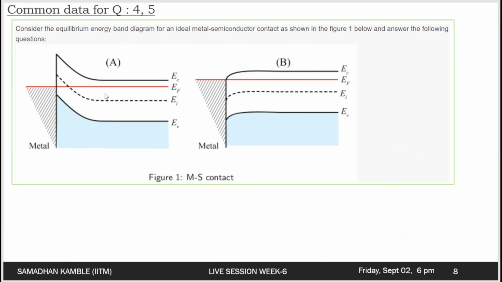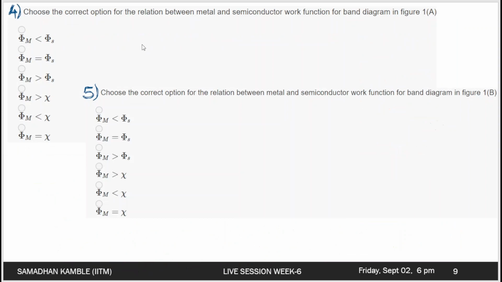These are the metal semiconductor contact band diagrams, two band diagrams A and B. Based on this figure we have to answer question number 4 and 5. Question number 4 is: choose the correct option for the relation between metal and semiconductor work function for the band diagram in figure 1a, and similarly the correct option for the relation between the metal and semiconductor work function for the band diagram in figure b.